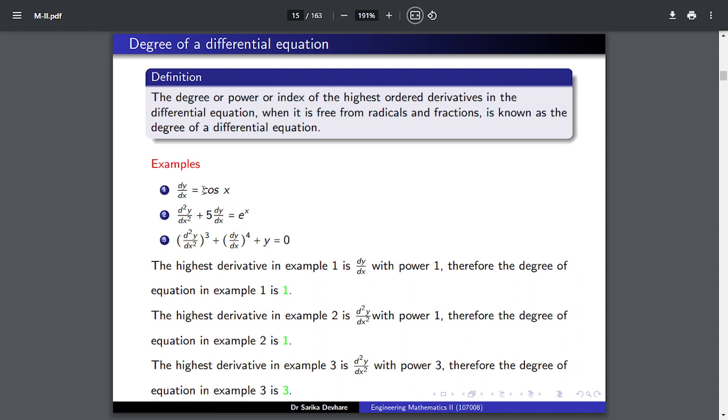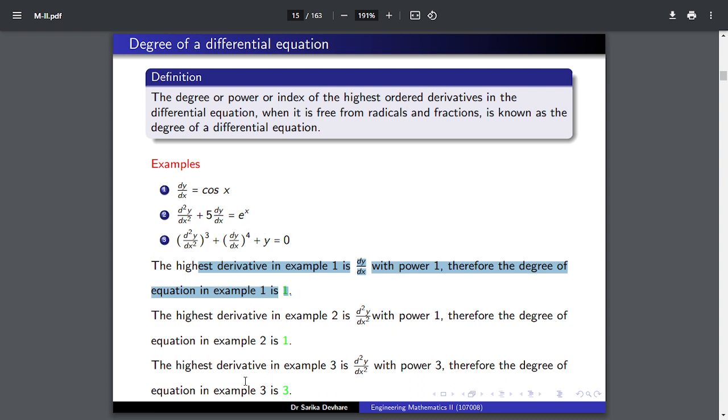It is already a first order derivative. Now look at its power. Its power is 1, and therefore the degree of this differential equation is 1. Similarly for the second, the highest order derivative is d2y by dx square and its power is 1, hence the degree of the given differential equation is 1.